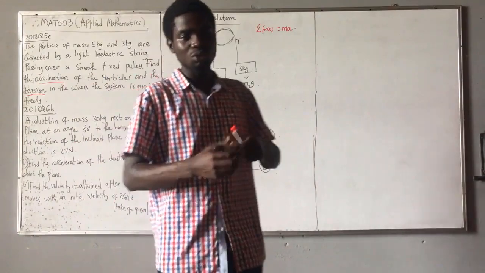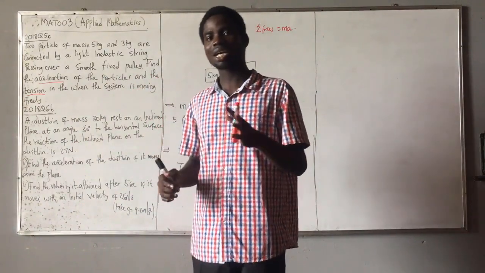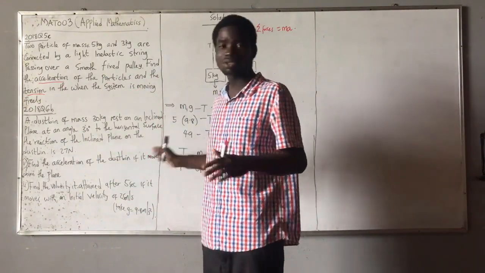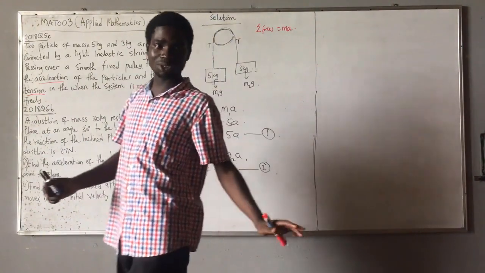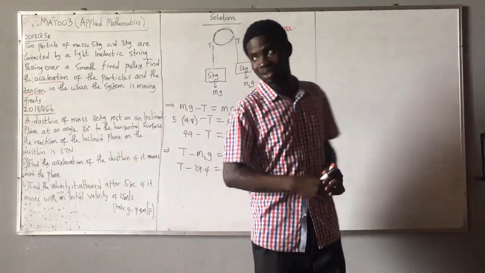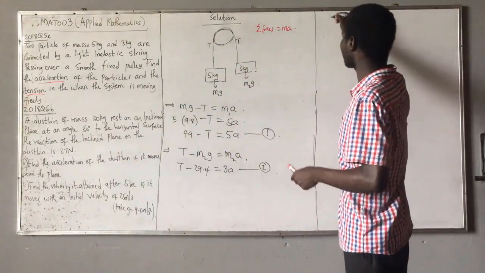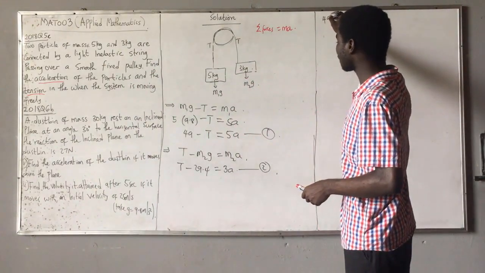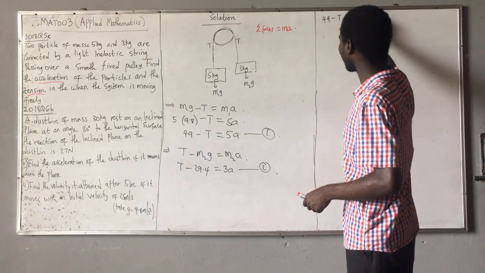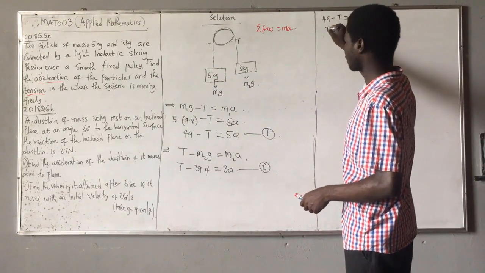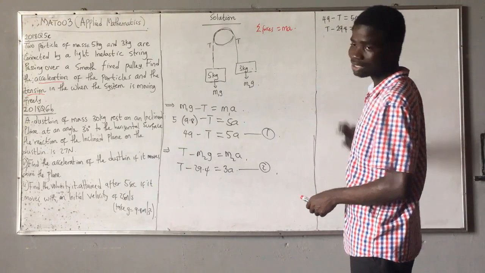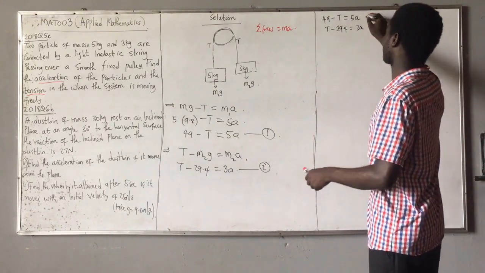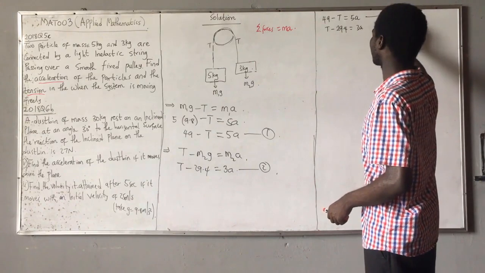I have taught you how to solve simultaneous equations using a calculator, or you can solve it by hand. So now let's solve the simultaneous equation. I have 49 minus T equals 5A, and T minus 29.4 equals 3A. I just add equation 1 and equation 2 together.